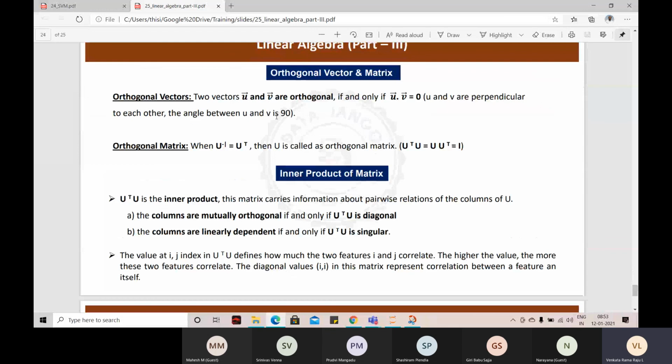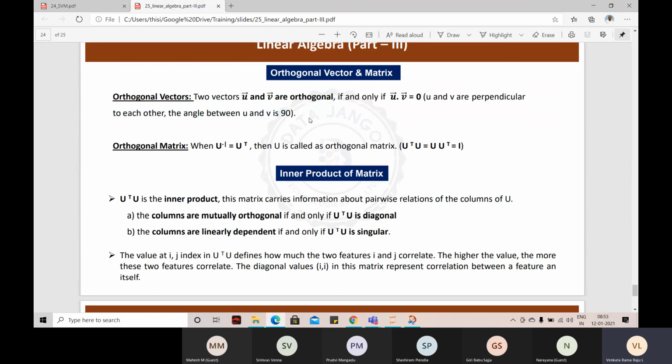Two vectors u and v, multiply them together, you get 0. They are called orthogonal vectors. What is an orthogonal vector? One vector is perpendicular to the other.